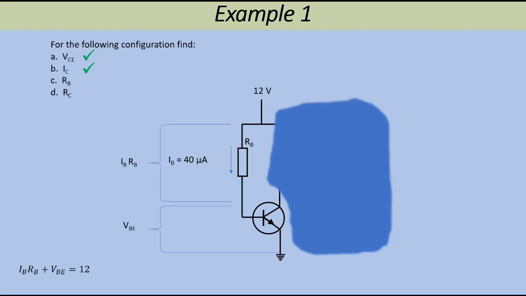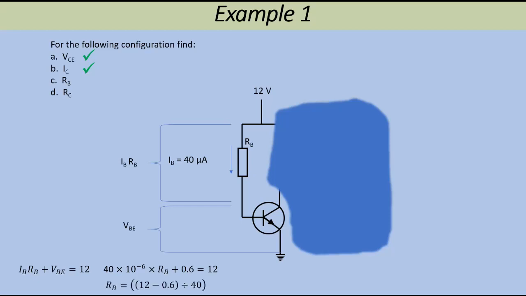Now VBE, as we mentioned, is 0.6 volts, and the base current we're given is 40 microamps. So plugging that into this equation, we get 40 times 10 to the minus 6 amps times RB plus 0.6, which is the voltage across the base emitter when the transistor is conducting, and that's equal to 12 volts.